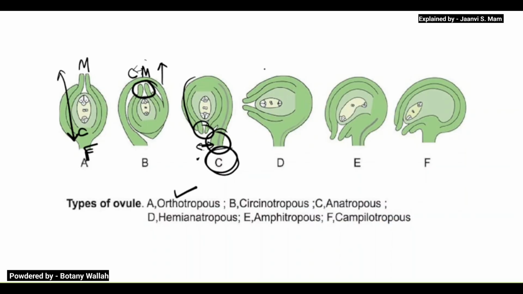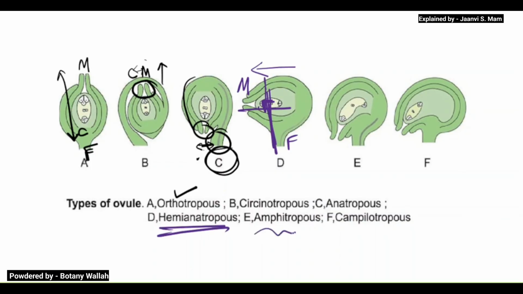Now in hemianatropous, you can see that the micropyle and funicle form roughly a 90-degree angle, so we call it hemianatropous.